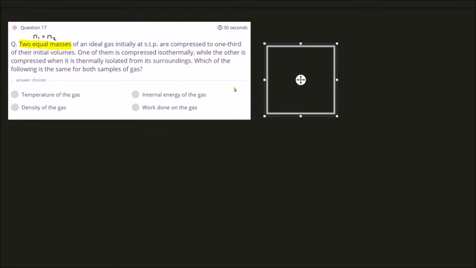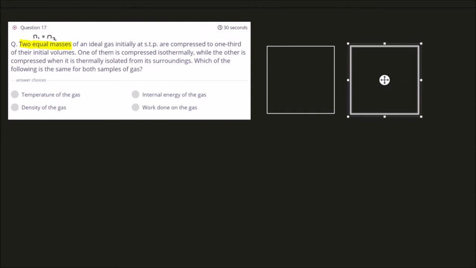You have a box here, then you have another box as well. For these two boxes, you have n1 and n2, but we know that n1 equals n2, they have the same number of moles. It's the same ideal gas, so we can say that molar mass 1 equals molar mass 2, the same molar mass.